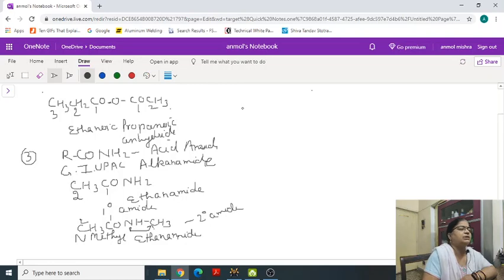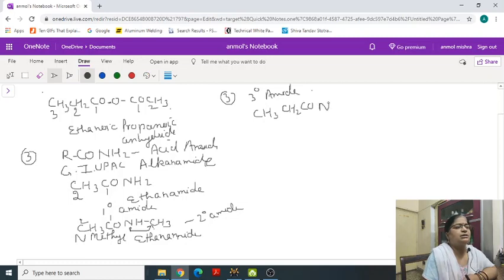Next, the third is tertiary amide. Both the hydrogens of nitrogen are replaced by alkyl groups.